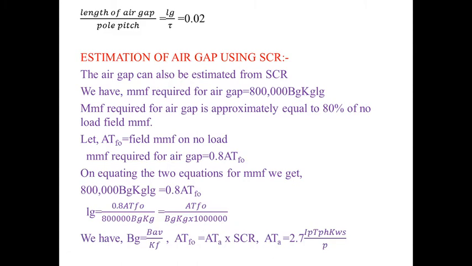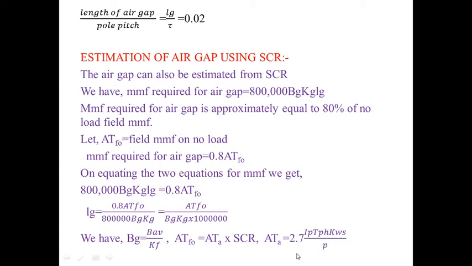So we have Bg equal to BAV divided by Kf. The gap flux density is the ratio of specific magnetic loading to form factor Kf. So ATF naught is equal to ATA into short circuit ratio, where ATA is 2.7 IP into TPH into kWs divided by P, where IP is the phase current, TPH the number of turns per phase, kWs the stator winding factor, and P the number of poles.